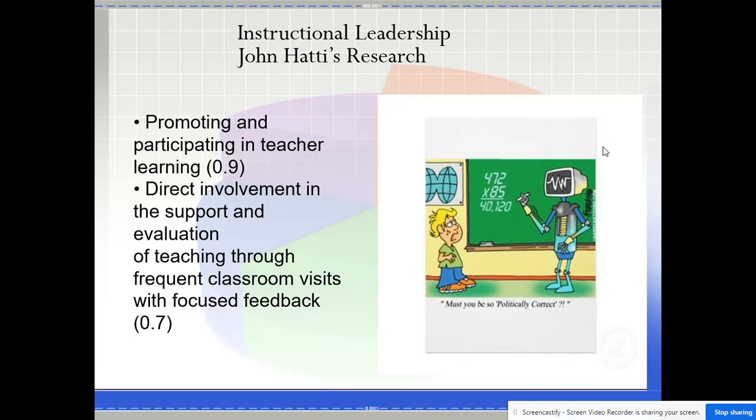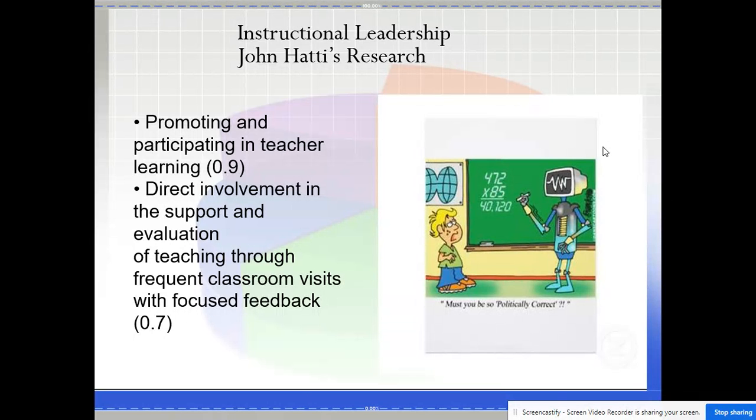You can get a 0.9 improvement, which is significant, when you are promoting and participating in teacher learning. Direct involvement in support and evaluation of teaching through frequent classroom visits with focused feedback also gets you a 0.7 increase. Those things are really important to schools and how schools move.